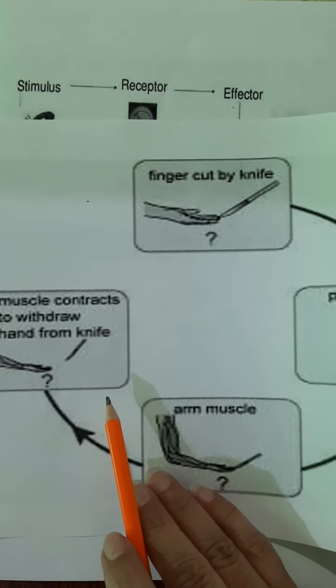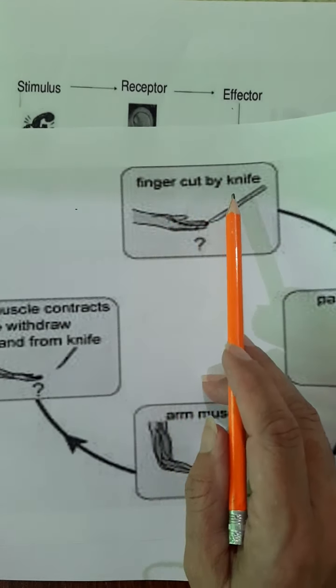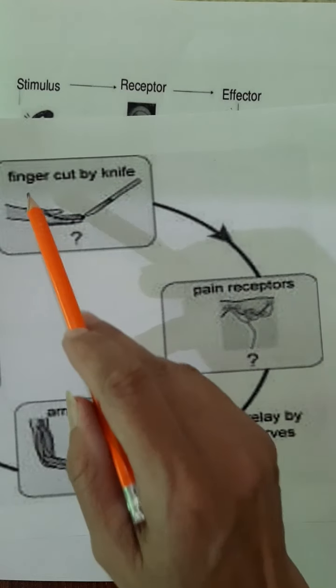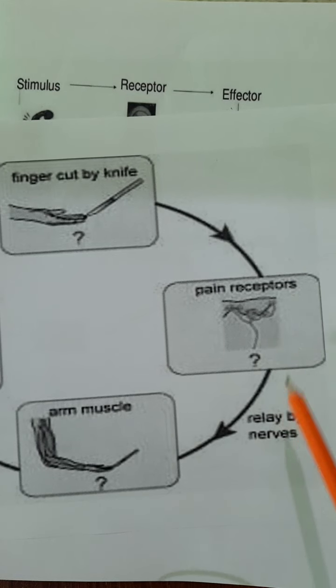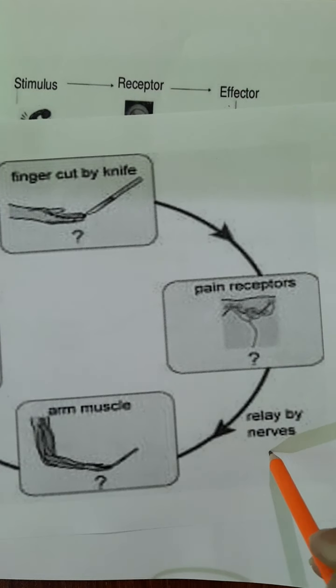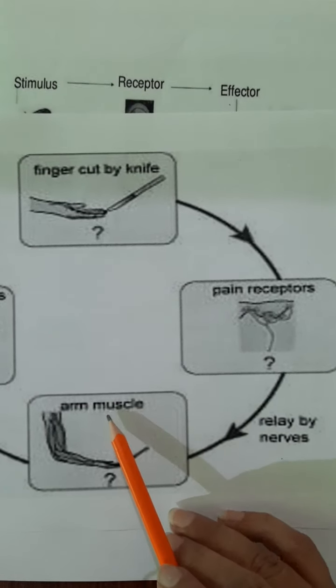Now this is the second example. If you cut your finger with a knife, what will happen? The pain receptors present in your skin will detect the pain, and by means of the nerve cells, this information will be taken to the brain. Now what will happen?